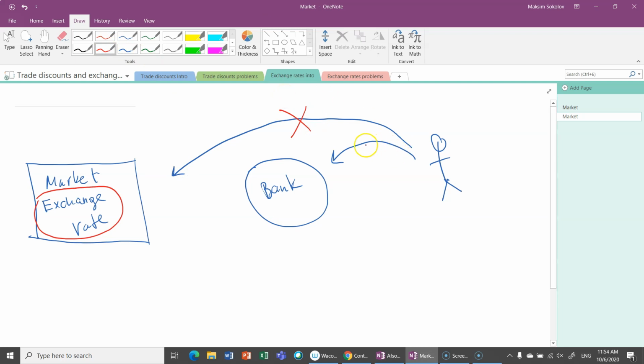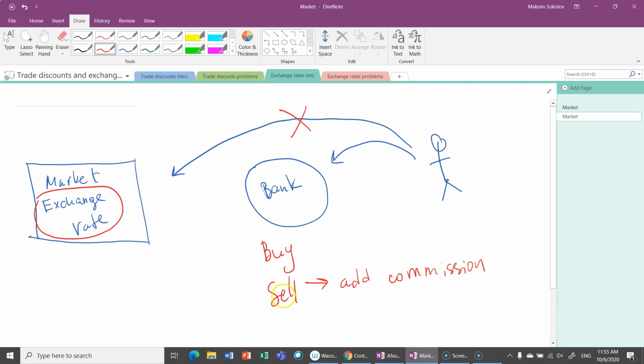Because consumers have access to the bank only, and because the business of the bank is to make money interacting with the consumer, the bank is going to buy or sell currency from consumers. If the bank sells the currency to the consumer, the bank will add commission, because the bank needs to make money.